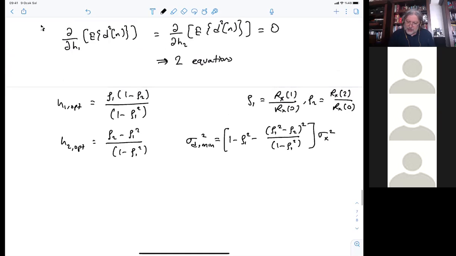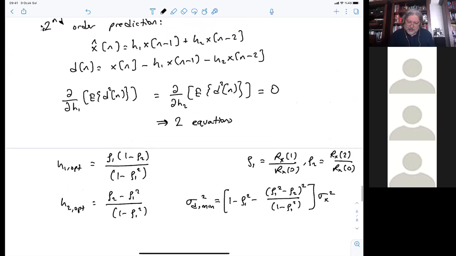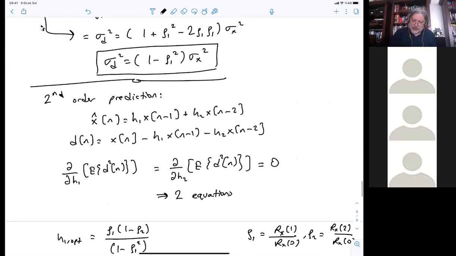Now I would like to compare this with this expression. It was 1 minus rho 1 square in parentheses times sigma x square.